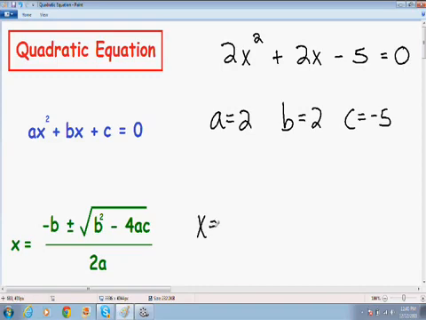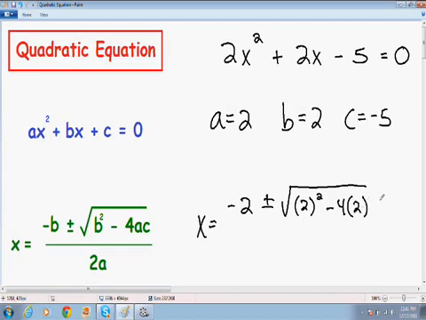So we have x is equal to -b. Our b is 2, so -b would be -2, plus or minus the square root of b squared, which is 2 squared, minus 4 times a, which is 2, multiplied by c, which is -5.